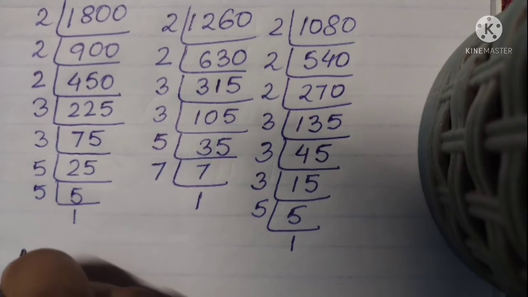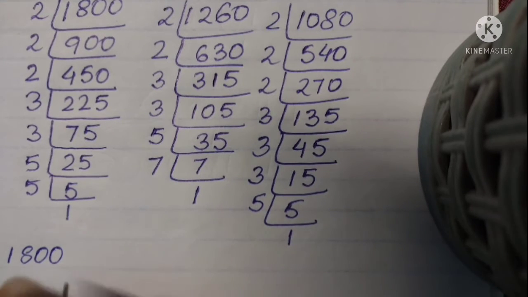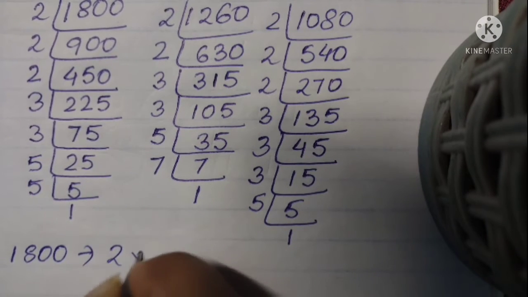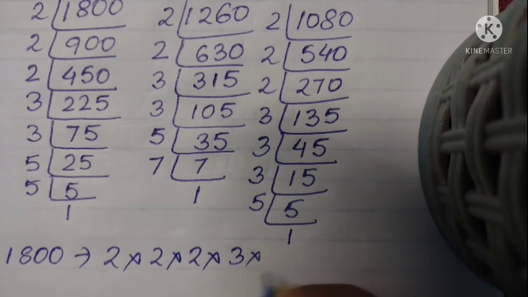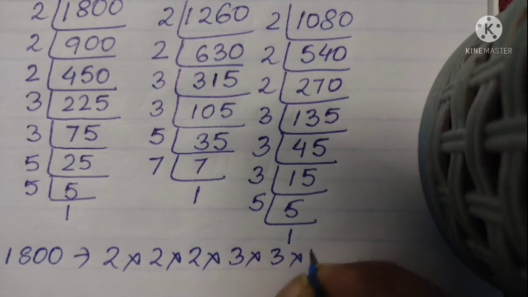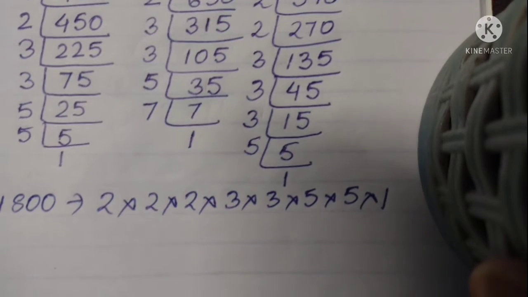1800 can be written as 2 into 2 into 2 into 3 into 3 into 5 into 5 into 1.